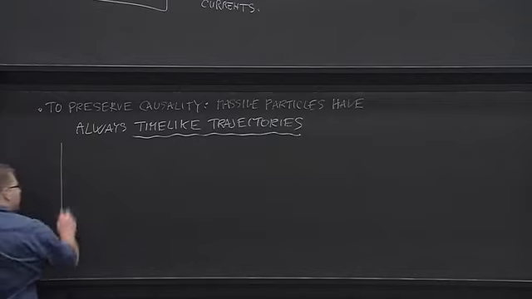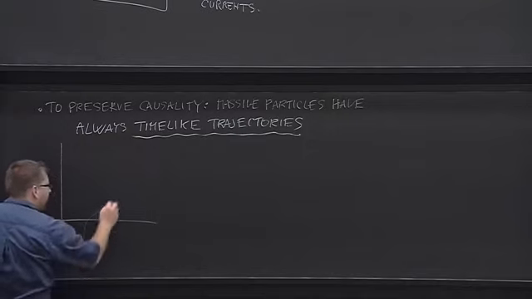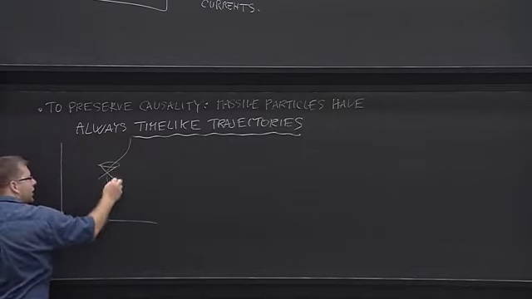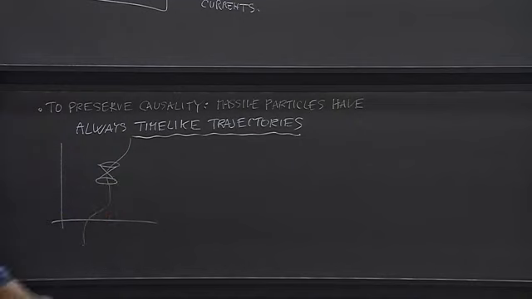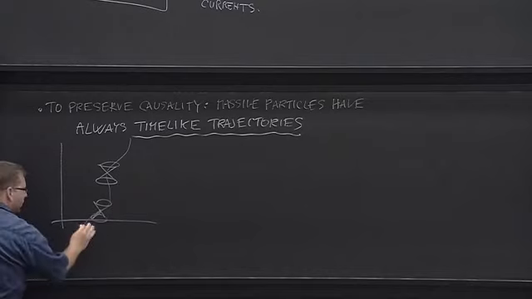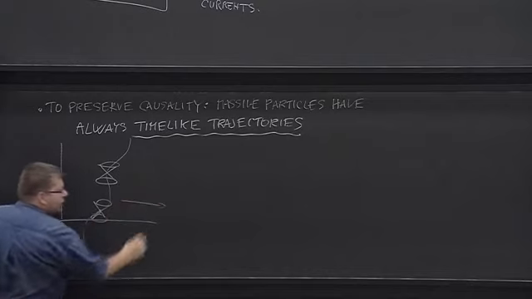In other words, whatever I do with my particle, at every point I have to stay in the light cone. So with T and X, that means always staying in the light cone.